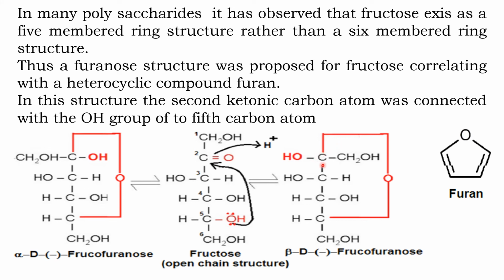OH group on the left hand side, beta D fructose. OH group on the right hand side, alpha D fructose. But this is a connection with the furan molecule, so it is fructofuranose.